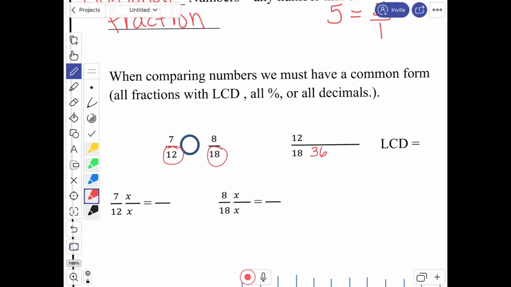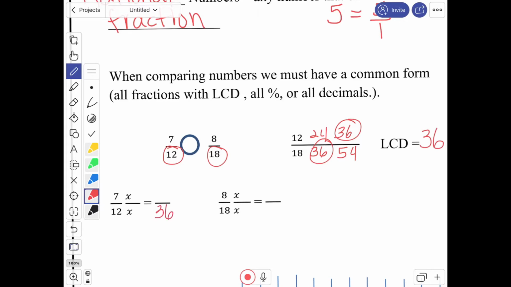And then after 36 would be 54. I'm going to stop there because I don't think I need to go any bigger. And then I'm going to try counting by 12s until I come to one of those. And I know that I'm going to come to 36 because 12, then 24, then 36. So the first one they have in common is 36. The least common denominator is going to be 36.